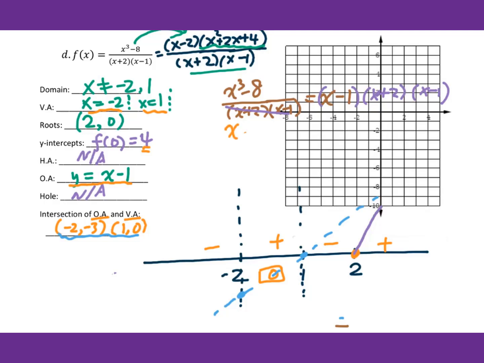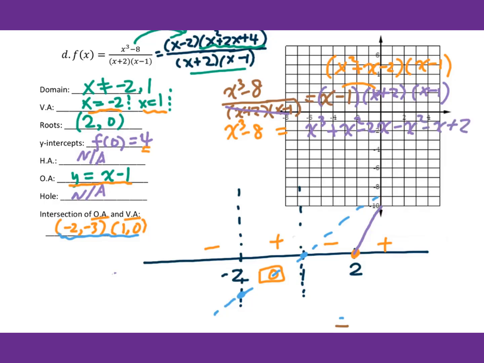So we get x to the third power minus 8 equals these 2. We got x squared plus x minus 2. Then multiply by x minus 1. Then do the FOIL. You will get x third power plus x squared minus 2x minus x squared minus x plus 2.